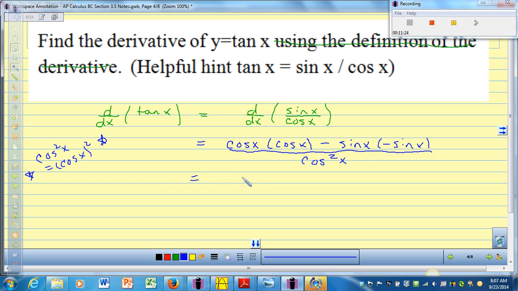So, what do we end up with on top? Yeah, so we'll write it that way now. Cosine squared x, and then what? All over cosine squared x. And what does the top equal? It equals 1. And what is 1 over cosine squared x? Oh, secant squared.